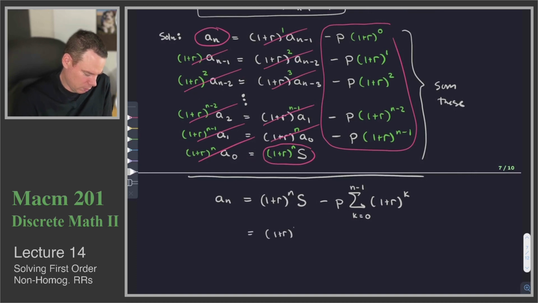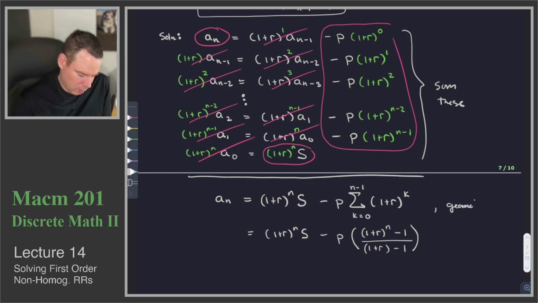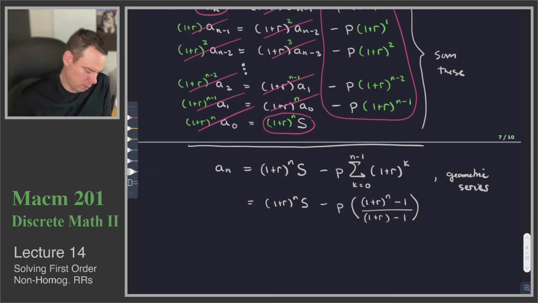So we get a 1 plus r to the n, s minus p, geometric series, that becomes a 1 plus r to the n minus 1 over a 1 plus r minus 1. And so I'm just indicating here that we've used the fact that it's a geometric series, so we know its sum.